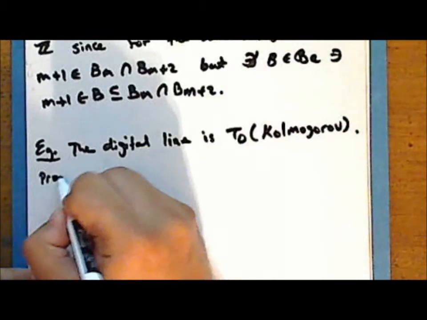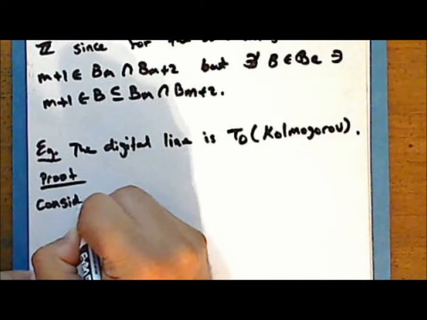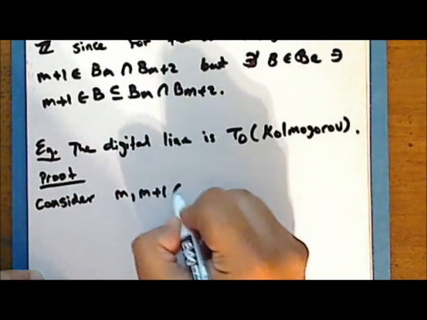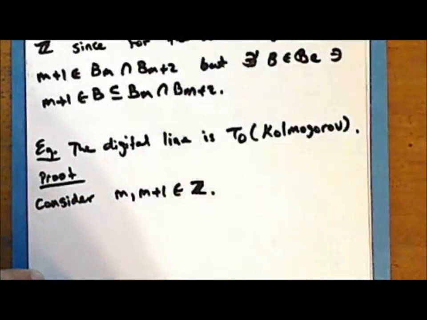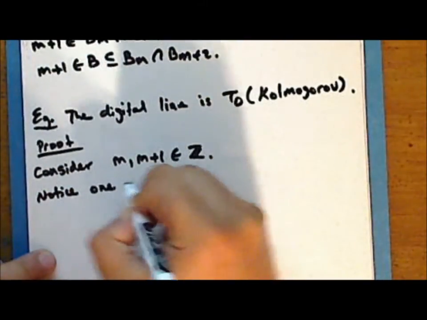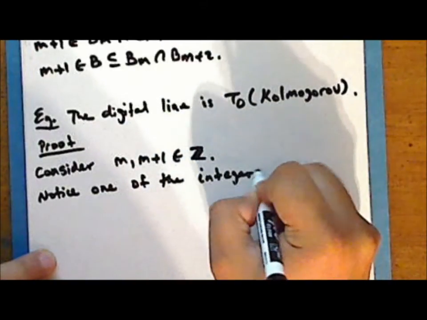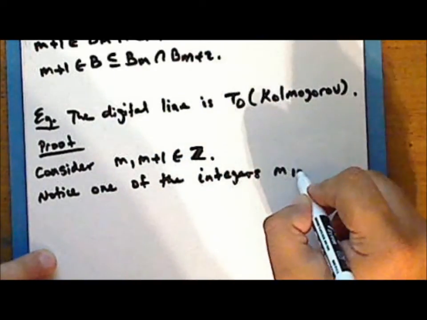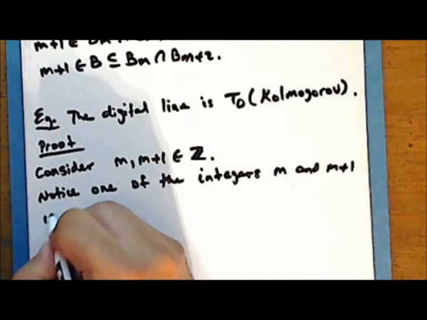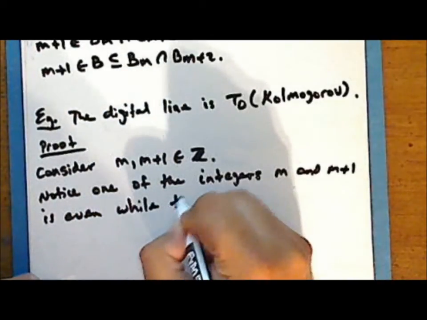So proof. Consider the consecutive integers m and m plus 1. Notice that one of the integers, m and m plus 1, is even, while the other is odd.